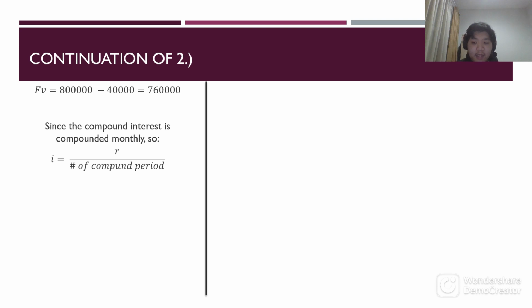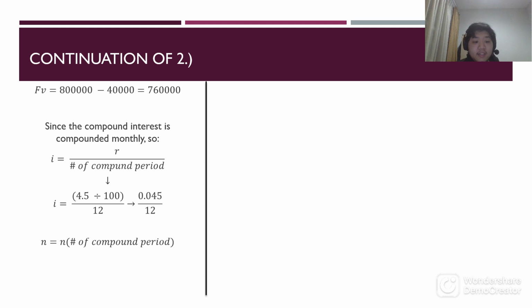Since it says monthly, it will repeat 12 times in a year. So, with that being said, i can be put into the equation like this: 4.5 divided by 100 divided by 12, and that will give us the value of i as 0.045 over 12.